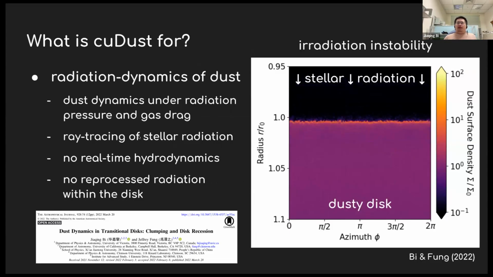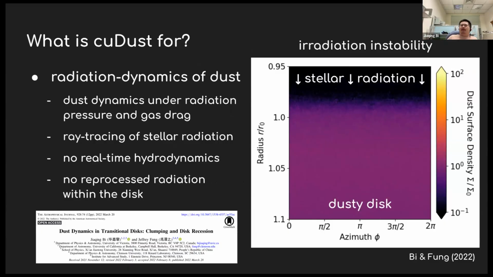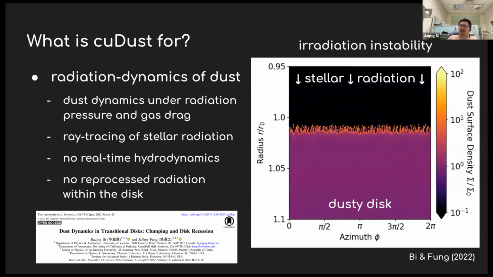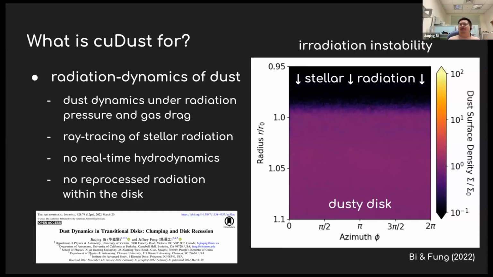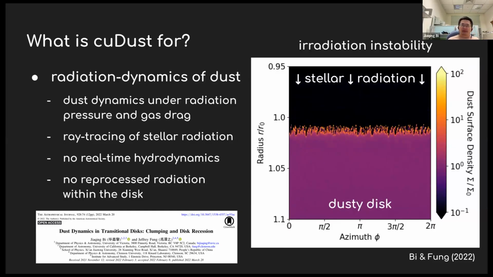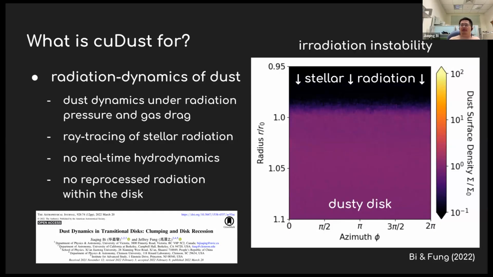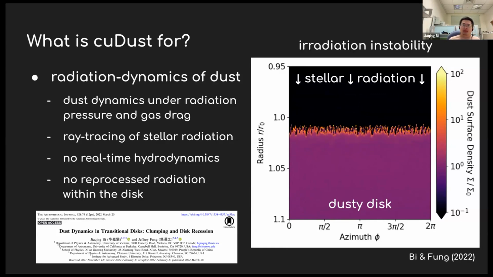Okay. So what is cuDust? First of all, cuDust is a radiation dynamics code for dust. Since it is not radiation hydrodynamics, there's no real-time hydrodynamics involved in this code. The main physics involved is the dust dynamics, the radiation pressure from the star, and the gas drag from the protoplanetary disk.